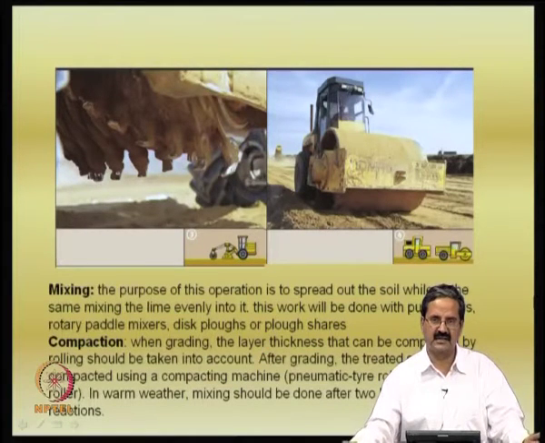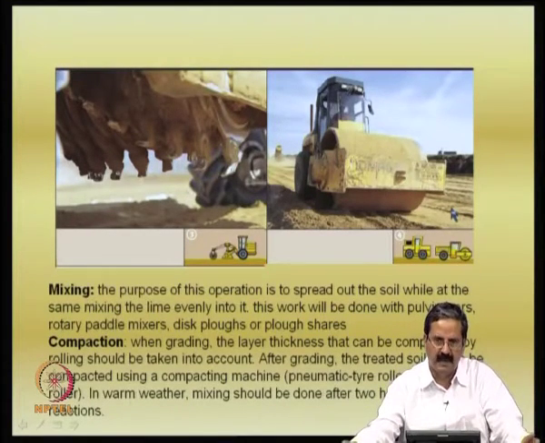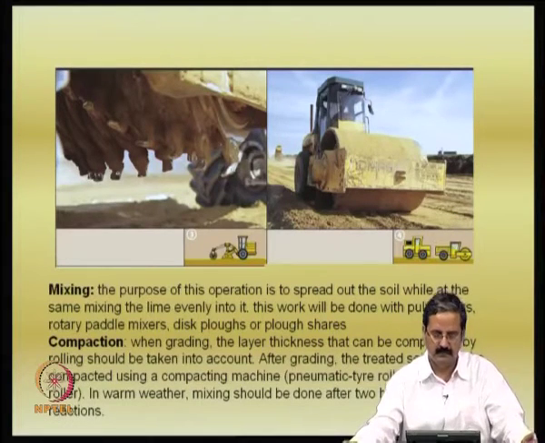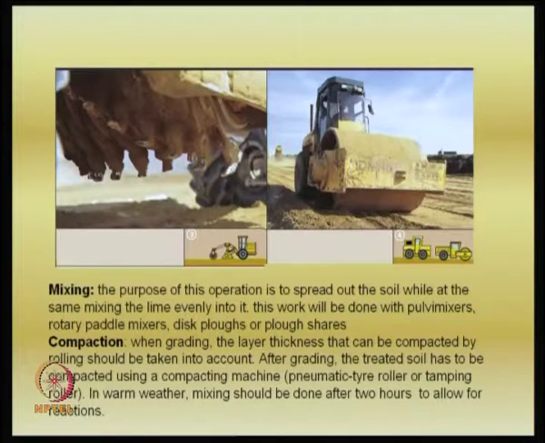This is just in the case of unpaved road. Now, you are trying to lay, for example, an expansive soil subgrade, you remove some amount of material and then use this.